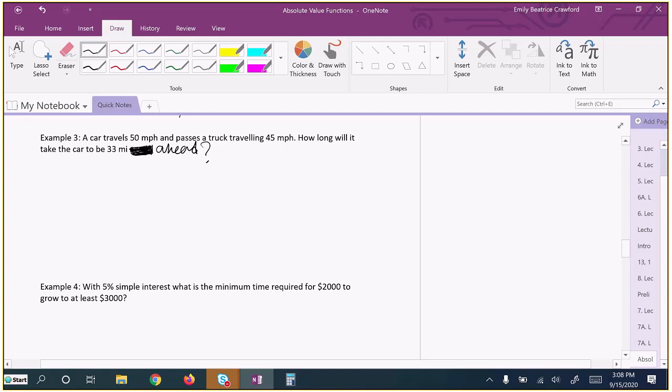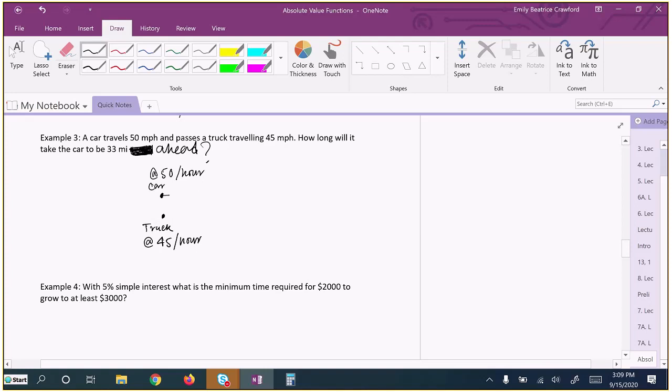So think about this situation. This is the moment where the truck traveling at 45 miles per hour and the car traveling at 50 miles per hour are at the same point, and the car takes over the truck.